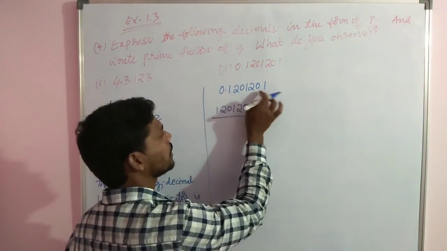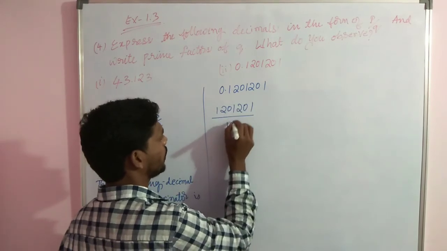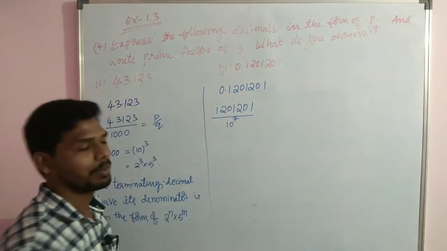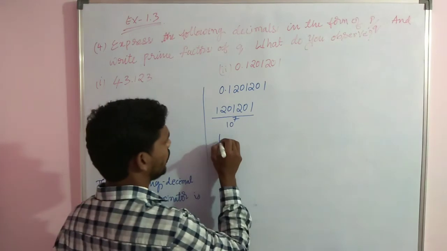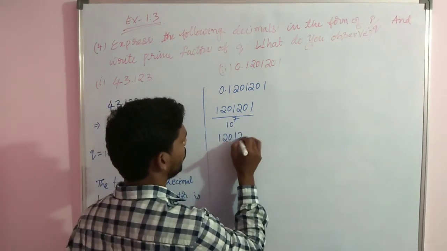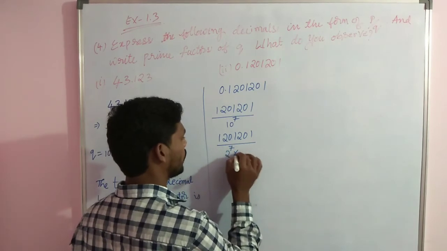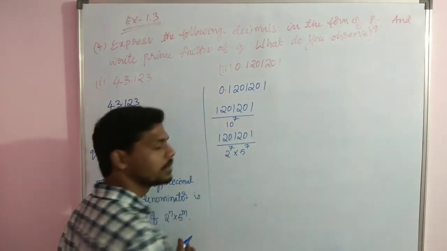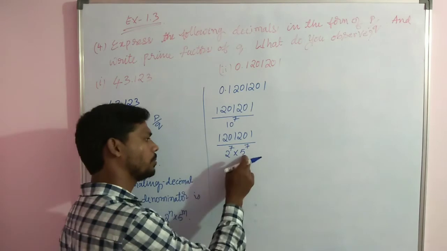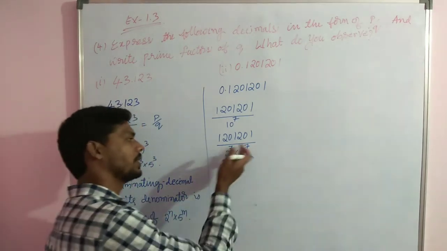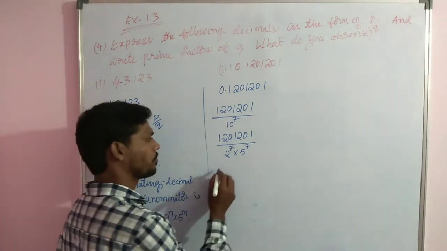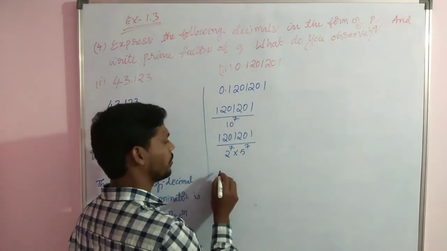Here 3, here 3, 7 digits in total. So we can write the denominator as 10 to the power of 7. So 1201200 divided by 10 to the power of 7, which can be written as 2 to the power of 7, 5 to the power of 7, because 2 into 5 is 10, and its power is 7. So this is again a terminating decimal.